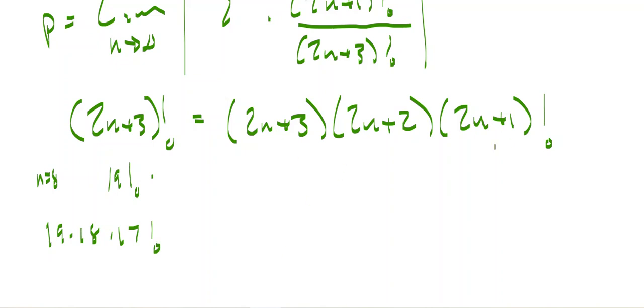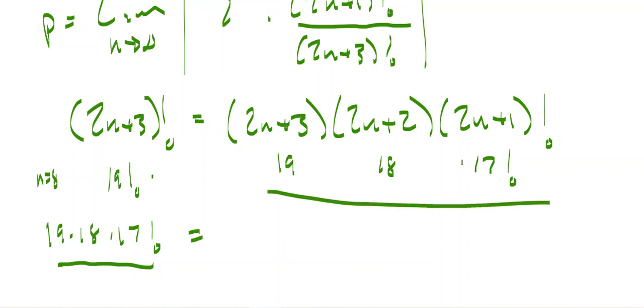Let's see if that's the same thing as what's over here. Again, n is equal to 8, so 2 times 8 is 16 plus 3. This is 19. 2 times n is 16 plus 2. This is 18. 2 times n is 16 plus 1 is 17 factorial. So we see that what we had on the left is equal to what we have on the right. So this is just a little bit of a trick with playing with factorials.